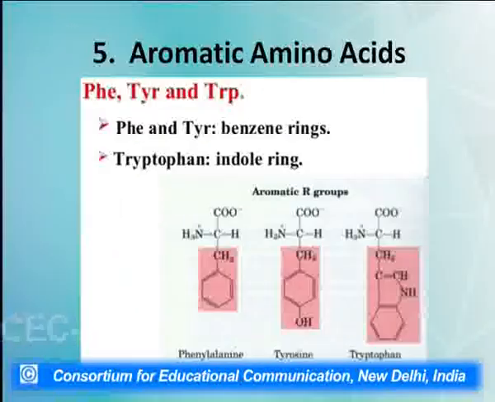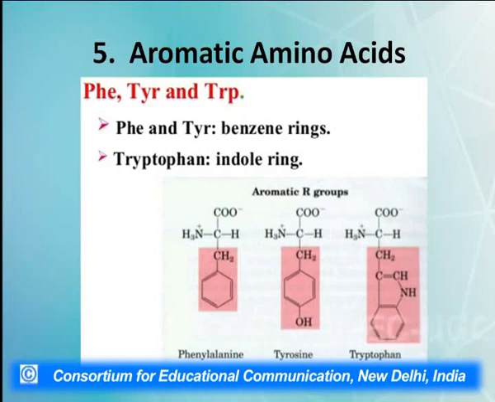And these are three: phenylalanine, tyrosine and tryptophan. Phenylalanine and tyrosine are the amino acids which have a benzene ring in them, whereas tryptophan has an indole ring in it, and it is a heterocyclic aromatic amino acid.